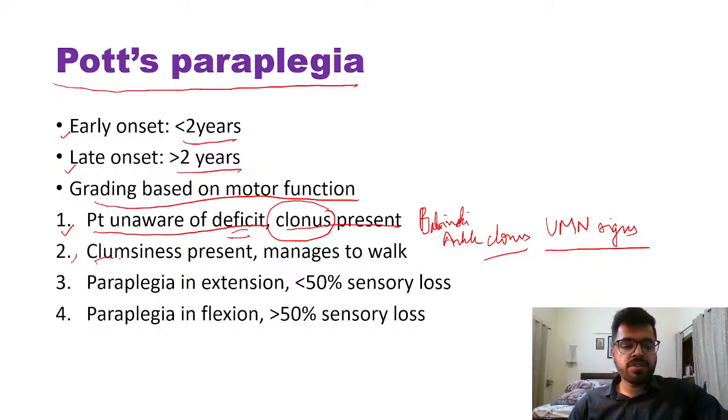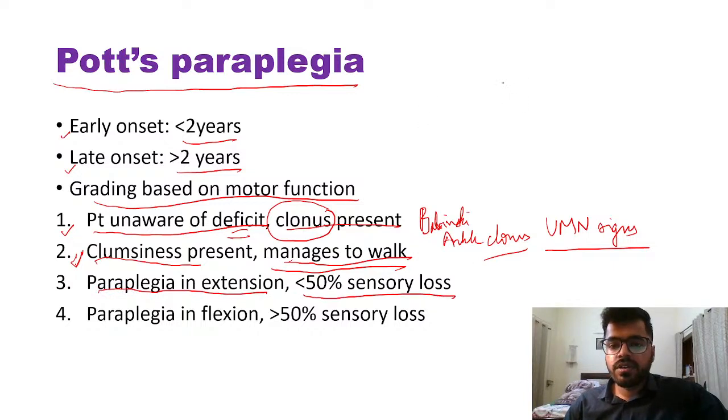Grade 2, we can appreciate clumsiness, but the patient is somehow able to walk. Till the patient is able to walk, it is grade 2. Then in grade 3, there is paraplegia in extension, and less than 50% of sensory loss is there.